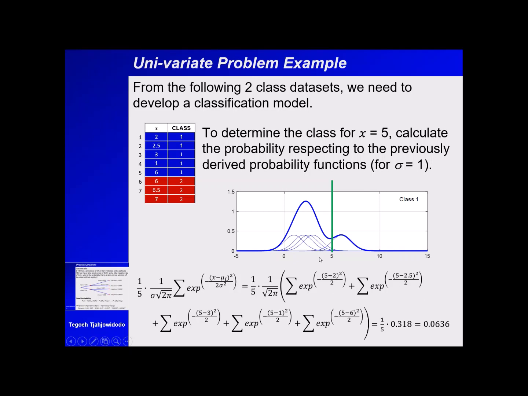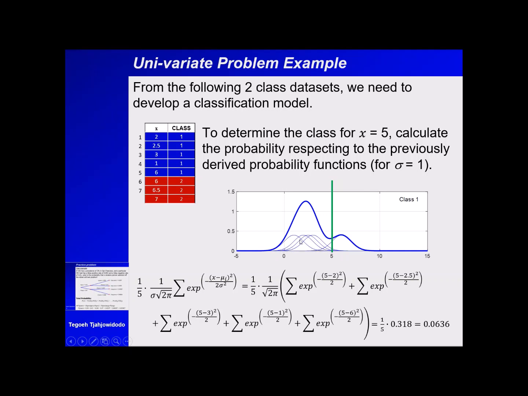So I calculate the probability that corresponds to the first PDF. The first PDF will have a mean value of 2. So actually it's the second PDF here.